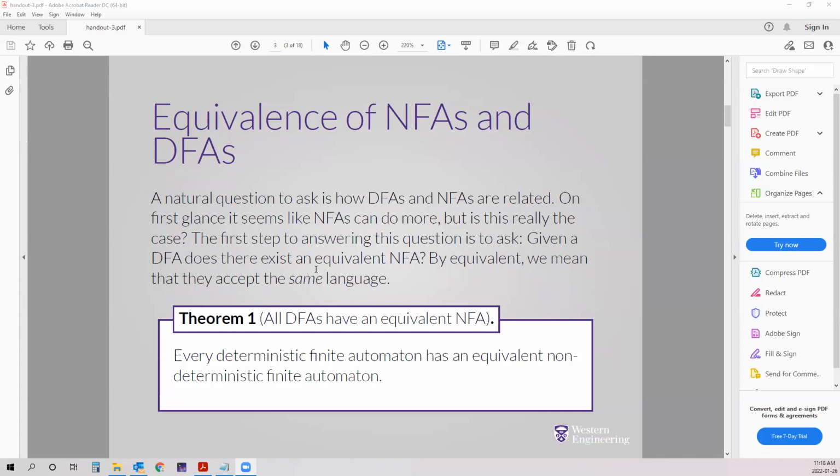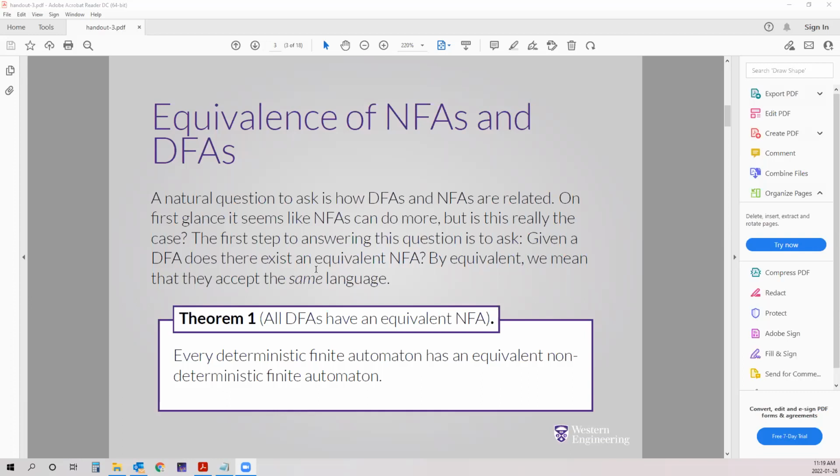A natural question to ask is how DFAs and NFAs are related. On first glance, it seems like NFAs can do more. But is this really the case? The first step to answer this question is to ask, given a DFA, does there exist an equivalent NFA?